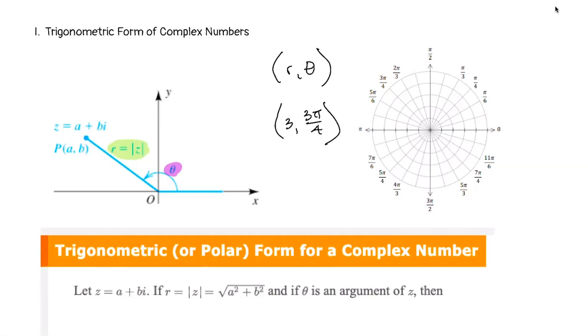I would go to the angle first, okay? So I'd find 3 pi over 4 on the grid. And then from the center, I would go out 3 circles. So I'd go out 1, 2, 3. And that point represents 3, 3 pi over 4, okay?